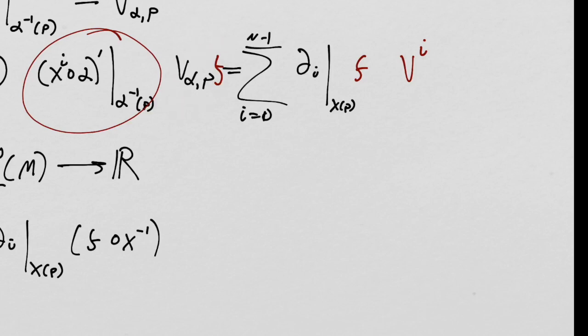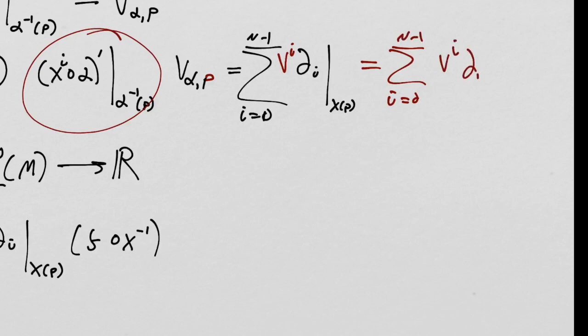And now I can erase the f, and put the v on the other side, right? So the v goes here, v^i. And now I get the sum from i equals 0 to n minus 1 of v^i partial i evaluated at x of p.